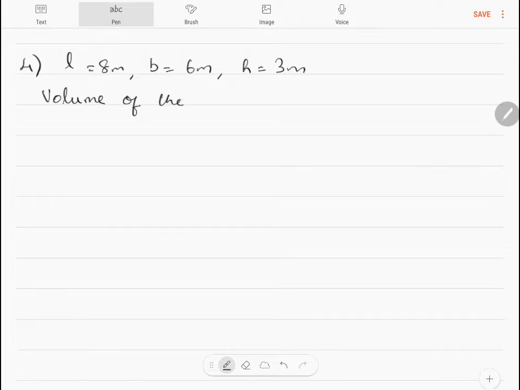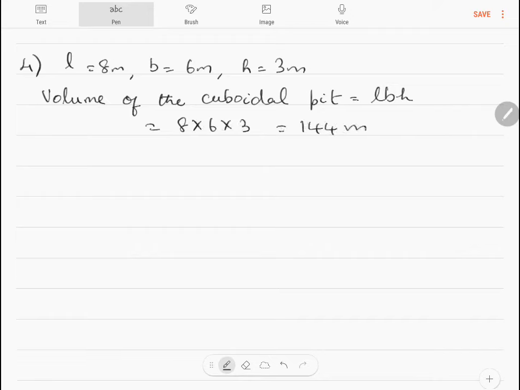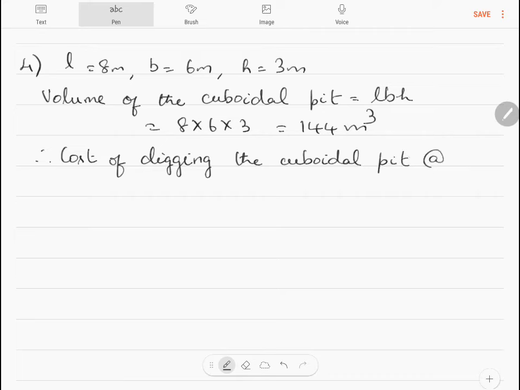Now the volume of the cuboidal pit is L into B into H, which is equal to 8 into 6 into 3, which is equal to 144 meter cube. Therefore, the cost of digging the cuboidal pit at the rate of rupees 30 per meter cube will be 144 into 30, which is equal to rupees 4320.